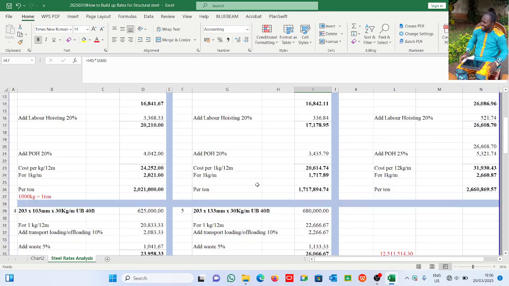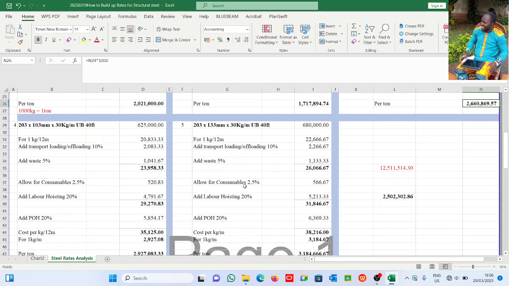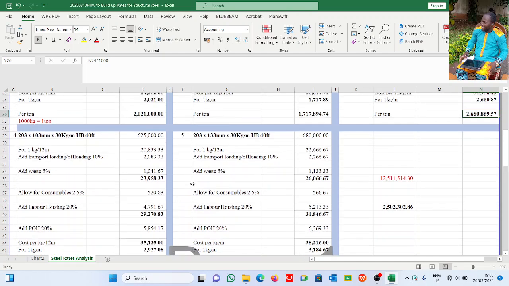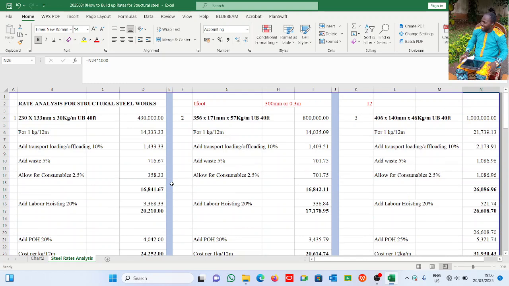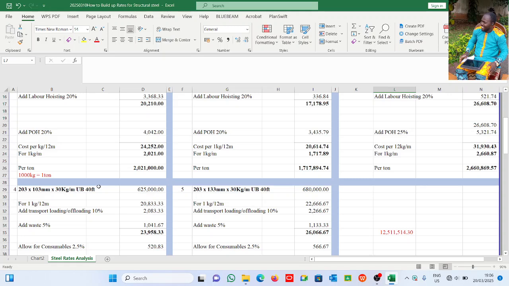You see, they are having different rates per ton. Because they are not the same sections, they don't have the same weights per meter. That is why you're seeing them. In the work I did, I have all these sections in that part. It is a factory.